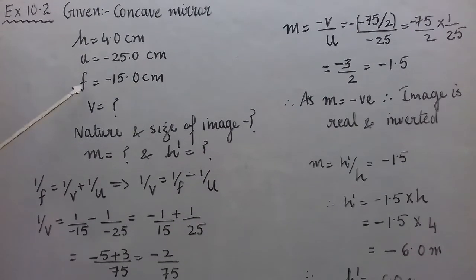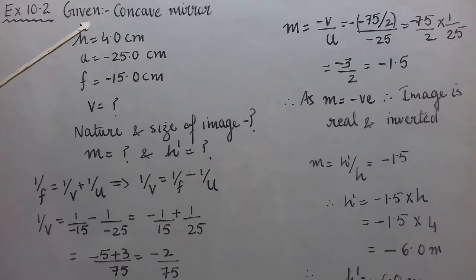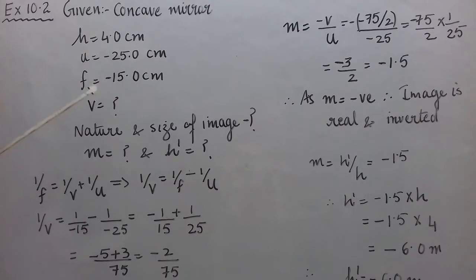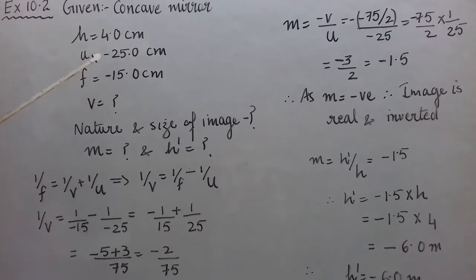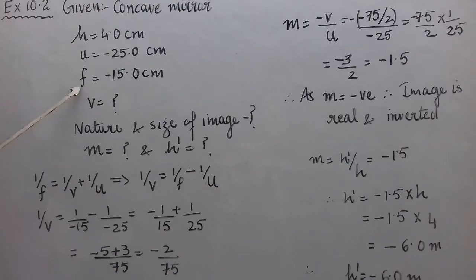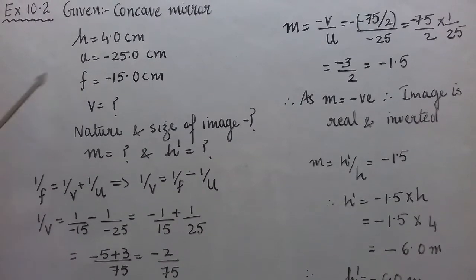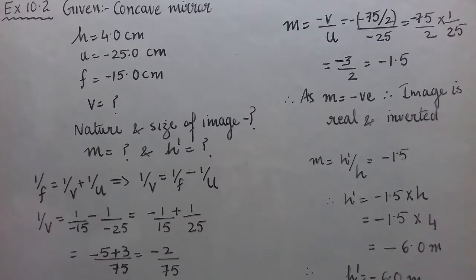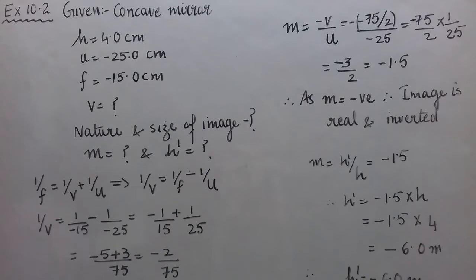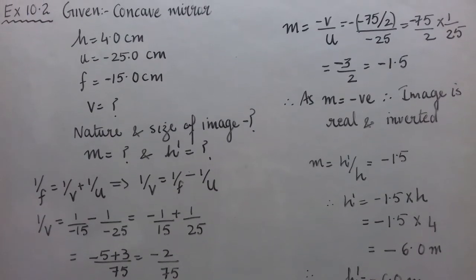So focal length small f is 15.0 cm, but because it is concave, so as per sign convention we have to put negative sign here. U is always negative for all mirrors, f is positive for convex mirror and negative for concave mirror. What we have to find out is, instead of saying find the position of the image, they have said at what distance from the mirror should a screen be placed in order to obtain a sharp image.